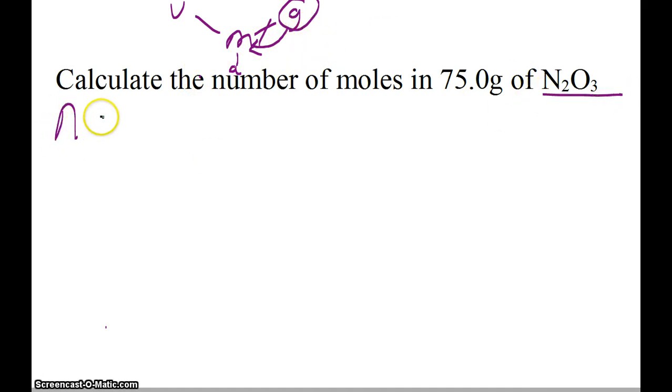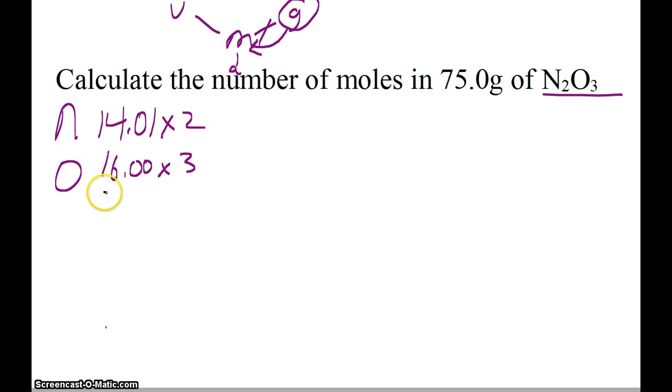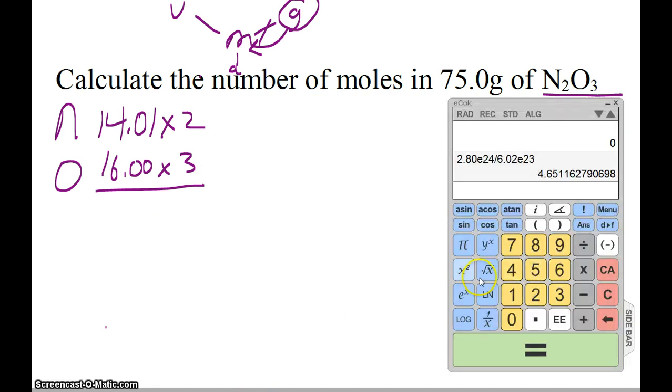So nitrogen was 14.01. There are 2 of them. Oxygen is 16.00, and there are 3 of them, so we add that up. Let's get our calculator out again. We have 14.01 times 2, and that equals 28.02.